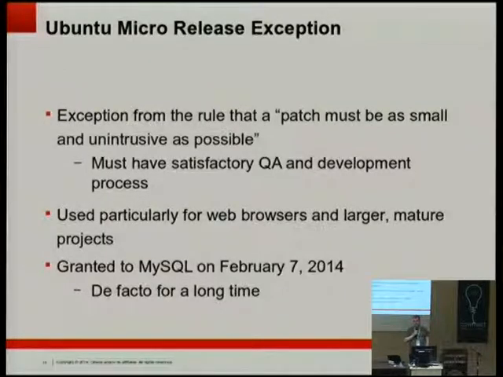If you can prove that the upstream project has satisfactory QA and development processes, then you are allowed to apply for an exception to this rule, and they will take all the micro-releases automatically. It's de facto been done for a number of years, but this is kind of a formal approval of doing that. So the security team won't complain to this package maintainer for doing it. So that's a formal process for doing this.